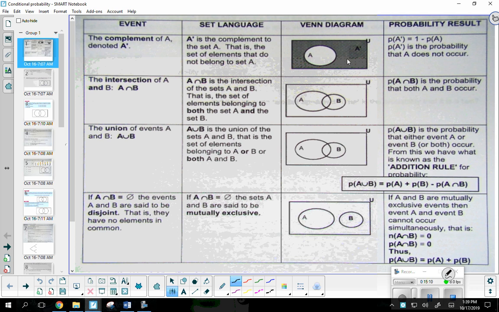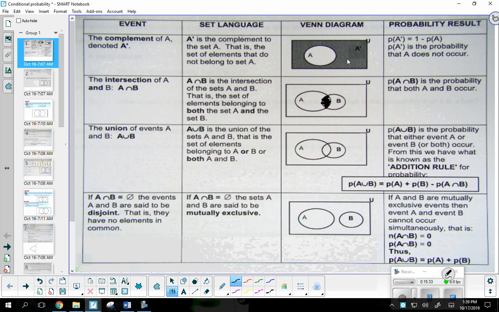Now the intersection of A and B, this is the upside down U here. This is the intersection of sets A and B, that is the set of elements belonging to both set A and set B. So shading wise, we're going to look for the overlap. That's going to be really important to us today, especially when we start talking about an idea called conditional probability.